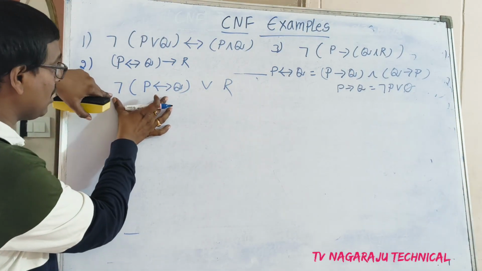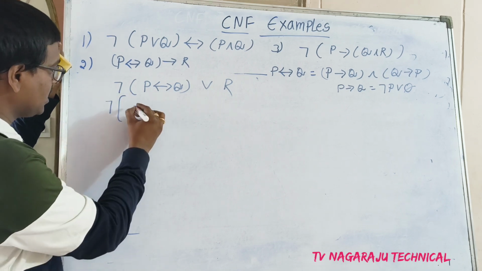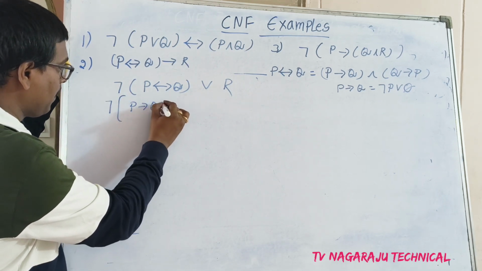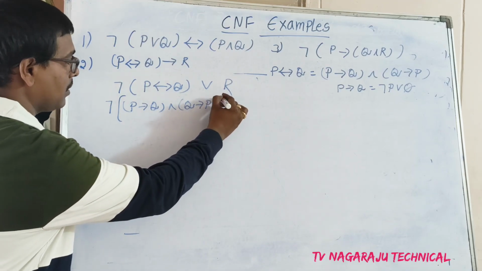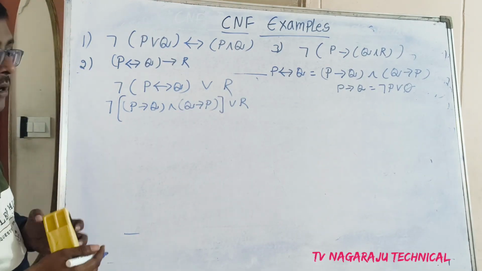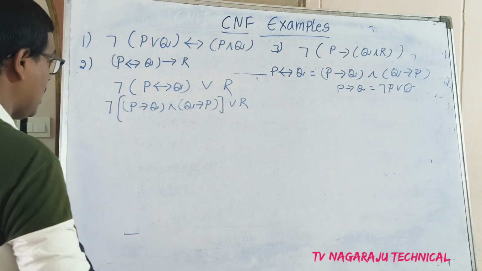Now negation of P implies Q, same procedure: negation of P implies Q and Q implies P, or R.